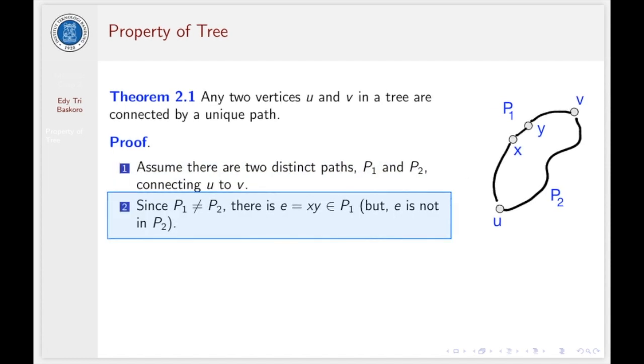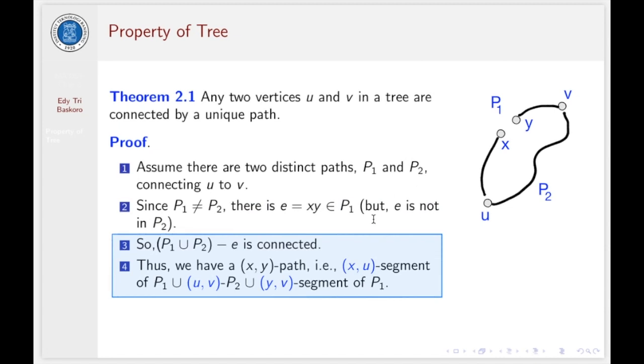Then, since P1 is not equal to P2, there is an edge E, XY, in P1 but not in P2. Let's say we have E here, right? And then look at the subgraph induced by P1 union P2 minus E. This subgraph will be connected, right?